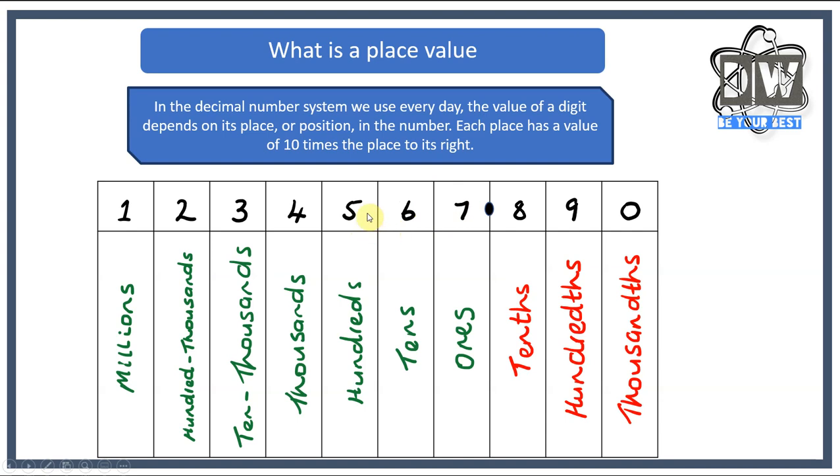So we can see here that we've got hundreds, and if we go to tens, that's 10 times smaller than 100, okay? Tens to units or ones, that's 100 times smaller, and then from ones to tenths, and from tenths to hundredths, and from hundredths to thousandths. Okay, they're 10 times smaller every time we move the numbers along one column.